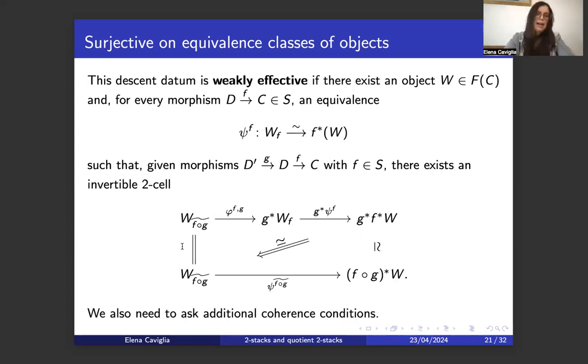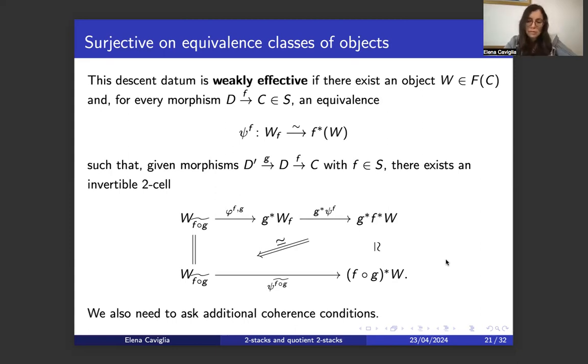And these equivalences are compatible in the sense that if we have F and G composable with the second one in S, we get an invertible two-cell of this form. And so, again, this condition is similar to the weak cocycle condition, but for the equivalences, the psi's equivalences instead of a phi. So this is the condition we get on objects.